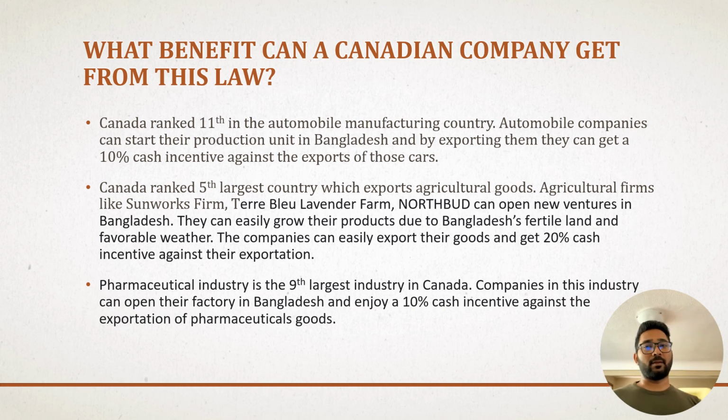So they can start a new venture in Bangladesh, because Bangladesh is a very favorable country for agricultural things, because we have weather which is not too warm or too cold. So it's easy to grow crops there, and if the companies can grow crops in Bangladesh and export those to other countries, they can get 20% incentive based on their exported goods.